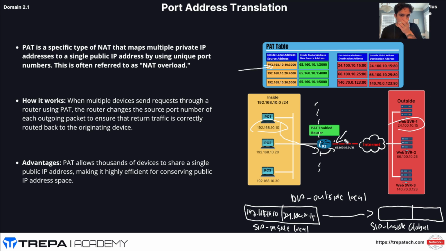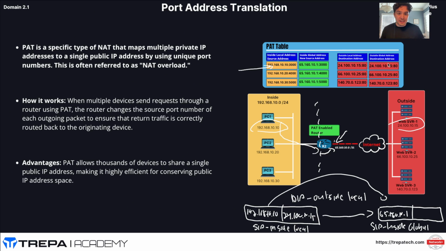And what we're saying here is essentially that, hey, this global IP that we're translating, because remember, this source IP is changing now. It's going to become 65.160.10.1. That's the translation from inside local to inside global. Because we're still making that mapping, right? Where we say, hey, this is mapped to this.